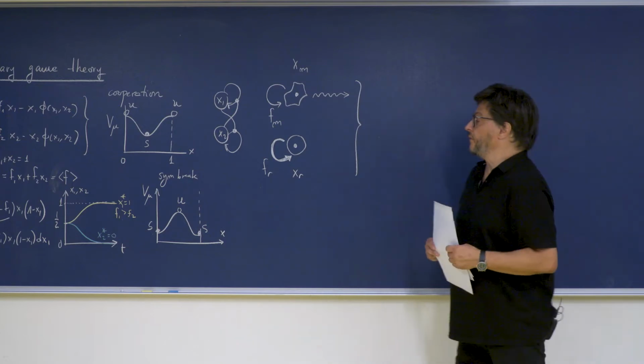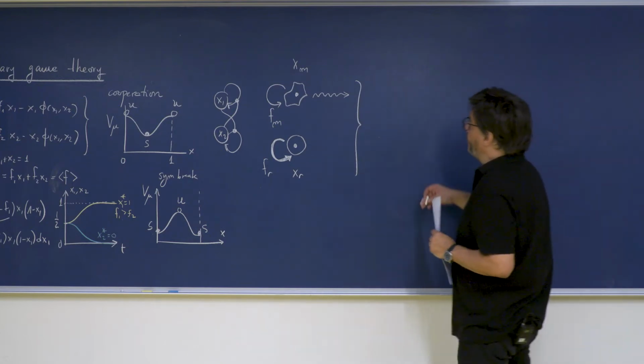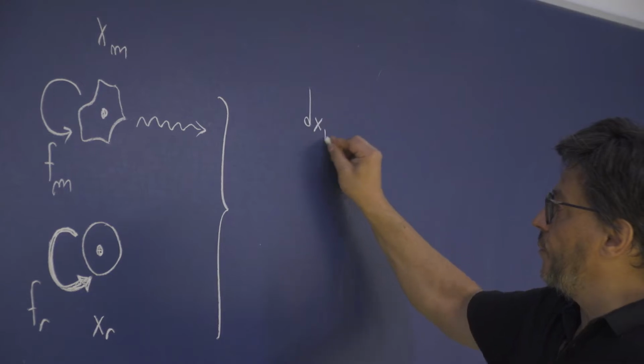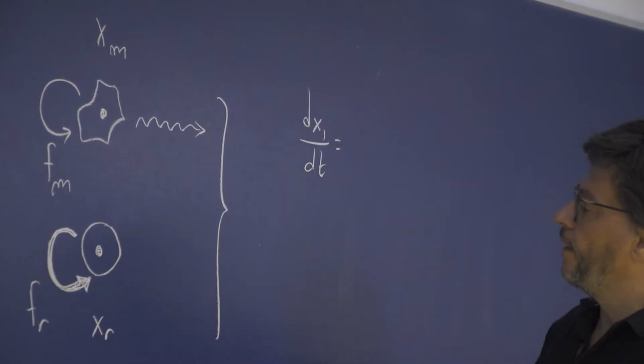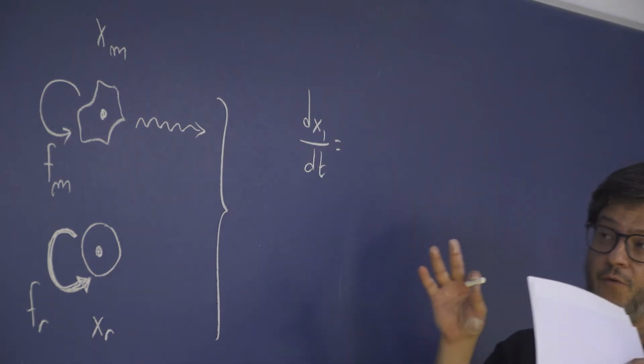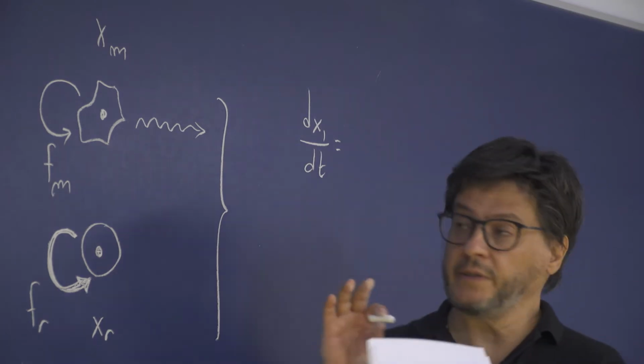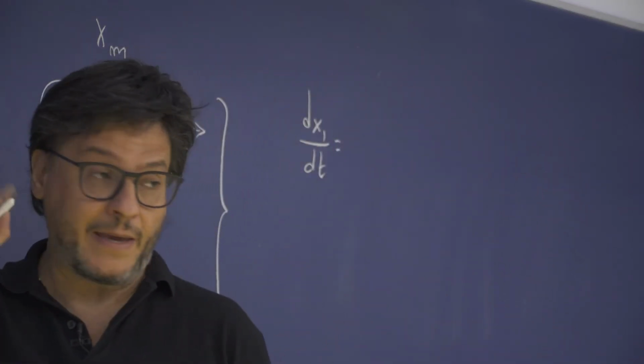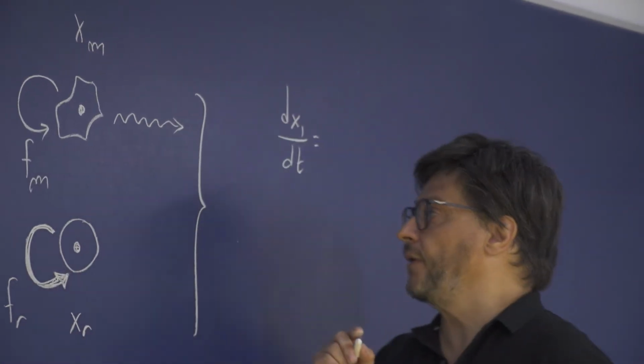One way of doing that is just writing down very general equations. So imagine that I do the following. What is my strategy for interacting with the others, okay? And I'm going to go for the crucial point here, game theory.